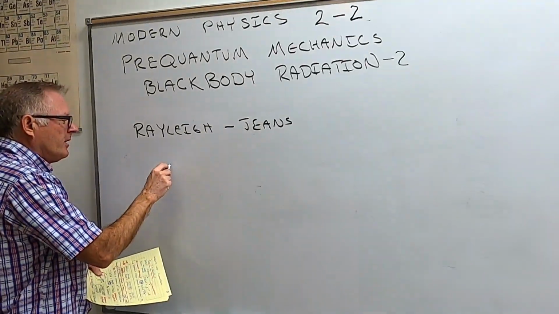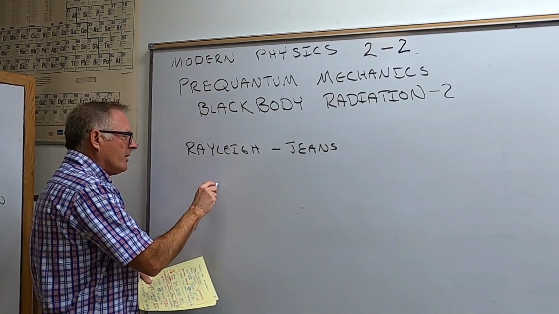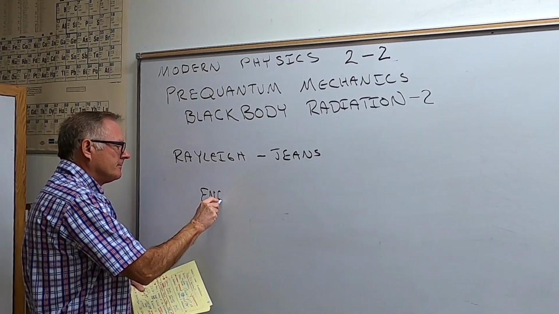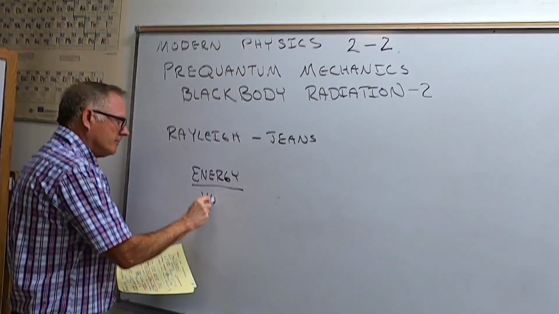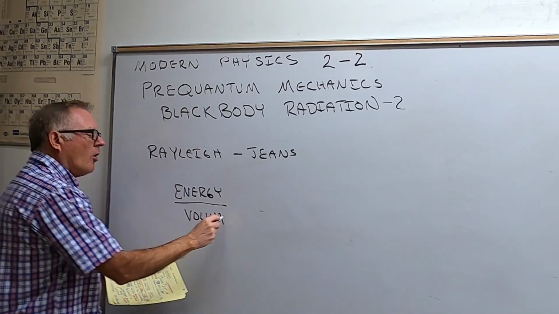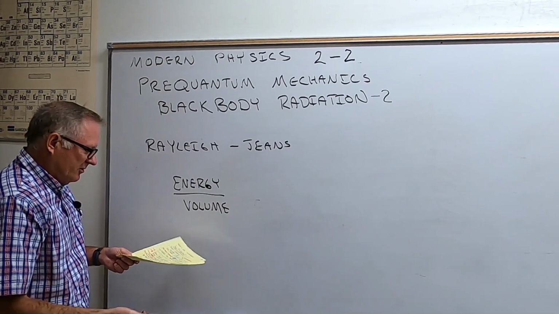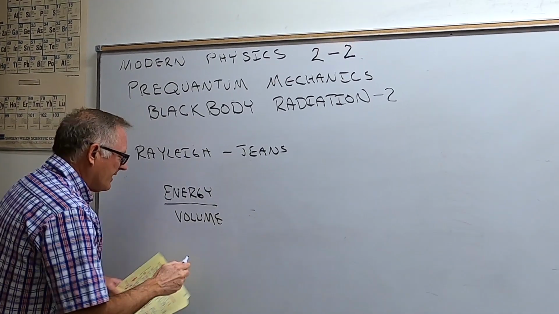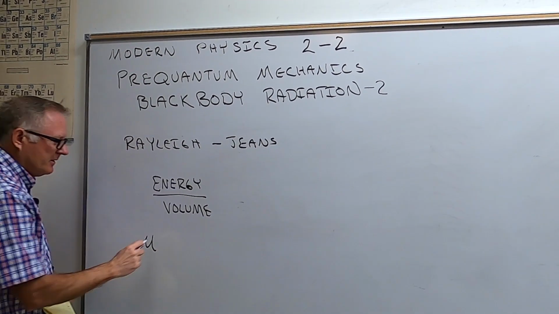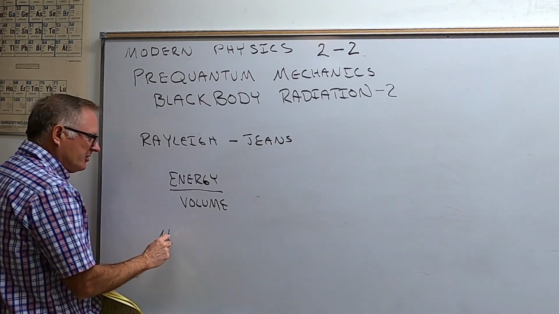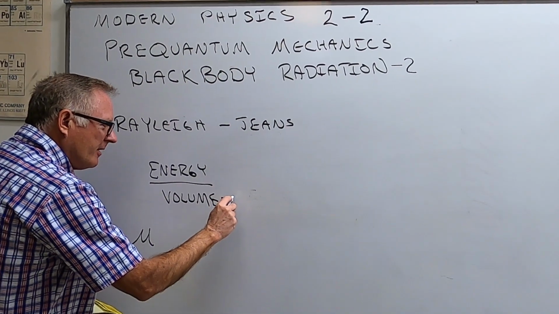So what we're going to do is look at energy per volume over a little frequency range. We're going to call this mu right here. And this is going to be my energy per volume per hertz.